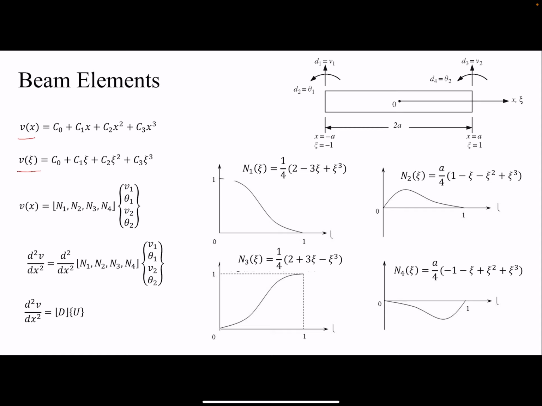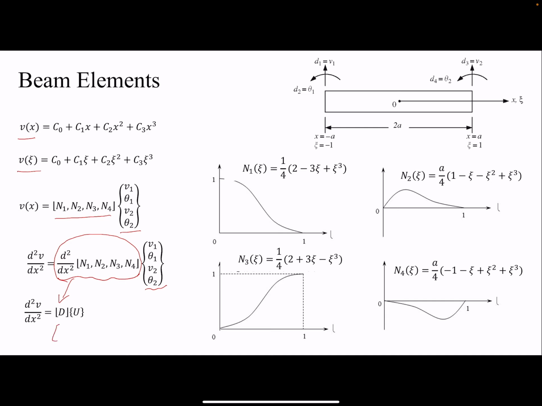In any case, it's based on our shape function and nodal variables. If I want to find the second derivative of deflection, I just need to take the second derivative of my shape function, because the nodal variables are constant values. I'm going to call that the D matrix.